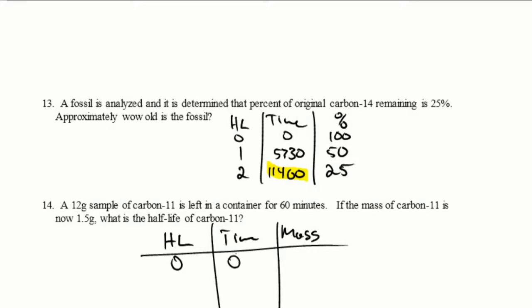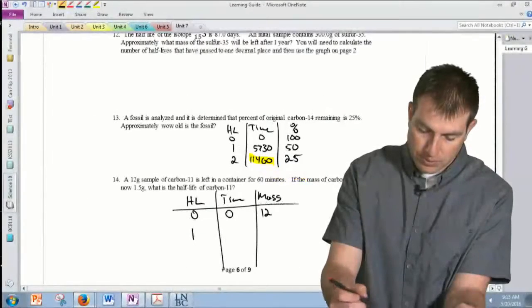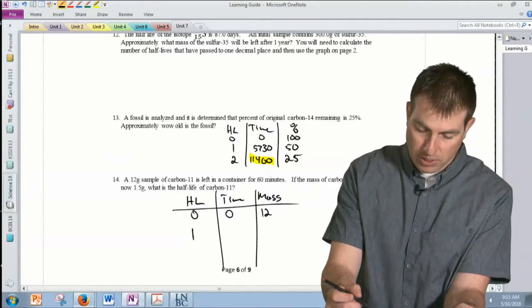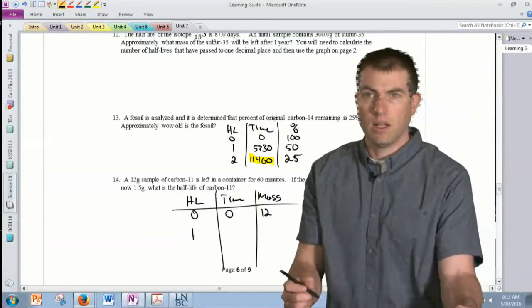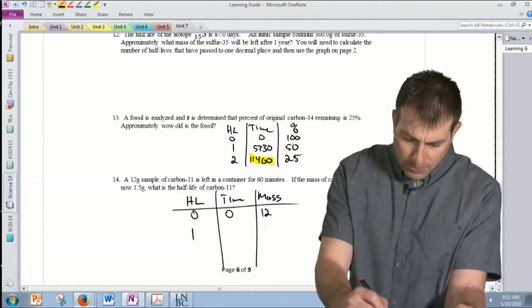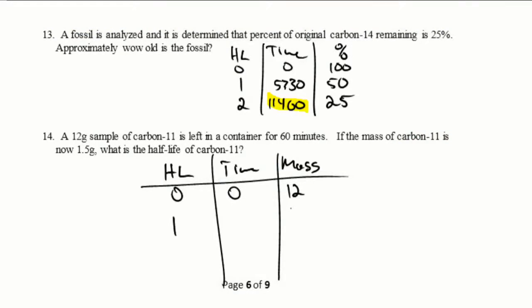So 0 half-life, 0 time, I started with 12. 1 half-life, I don't know how much time's passed, but this is going to be down to 6. 2 half-lives, still don't know time, down to 3. 3 half-lives, still don't know how much time, but I'm down to 1.5.